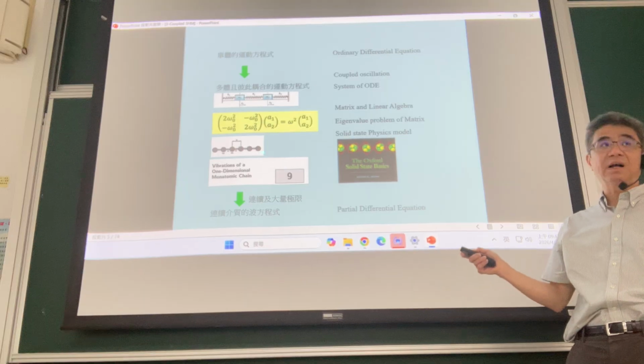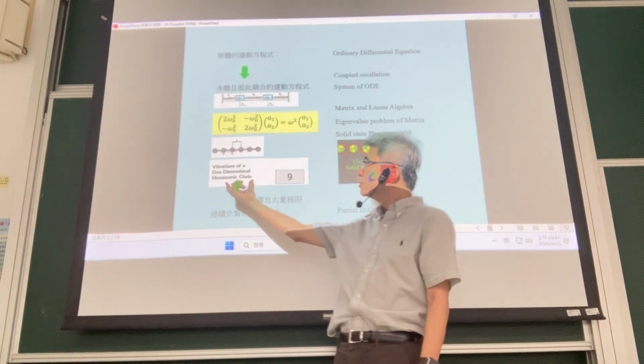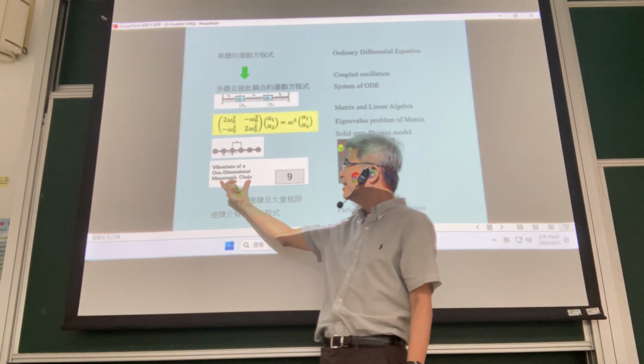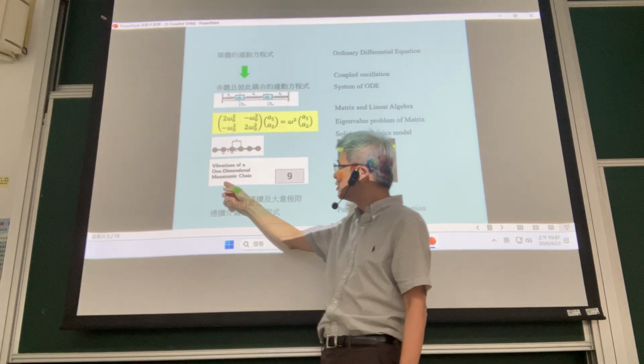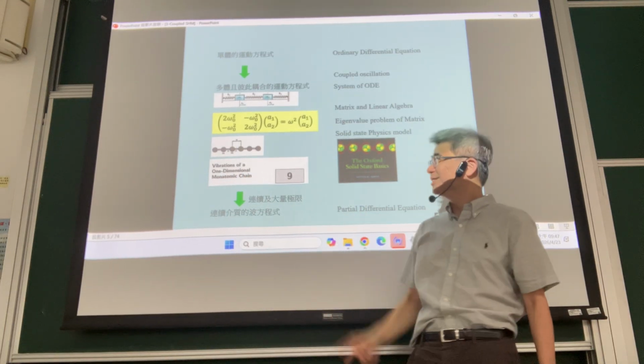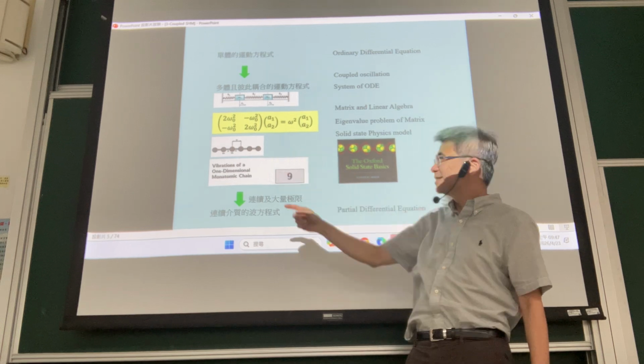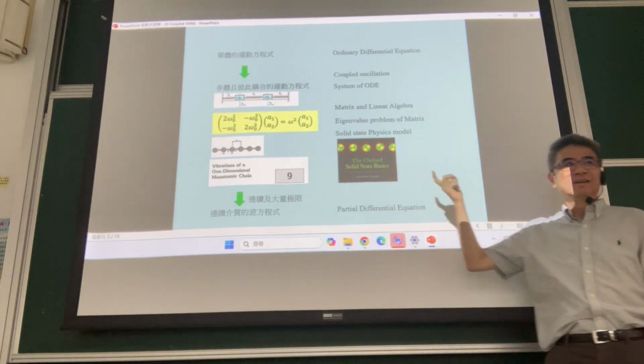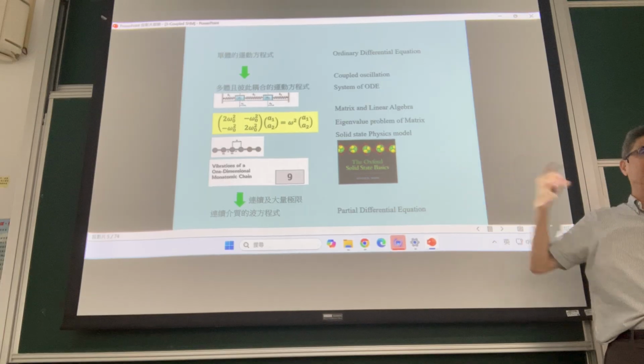any kind of solid. In jargon, it is called a one-dimensional monatomic chain, or monatomic chain. Okay, just like this. It's in chapter 9, so it's almost a starting point of solid state physics.